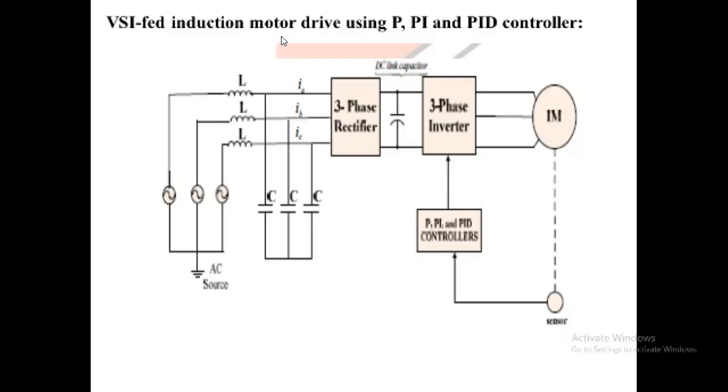VSIs are basically used to regulate the speed of a three-phase squirrel cage induction motor by changing the frequency and voltage, and consist of an input rectifier, DC link, and output converter. They are available for low voltage range and medium voltage range.